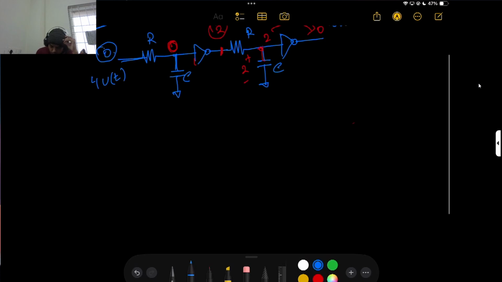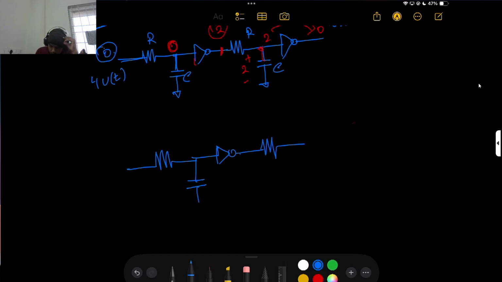Again we redraw the circuit. Here my resistance, here my capacitor, and here is my inverter. Here is again a resistor, again a capacitor, and again an inverter. Now I require my output for T greater than 0.